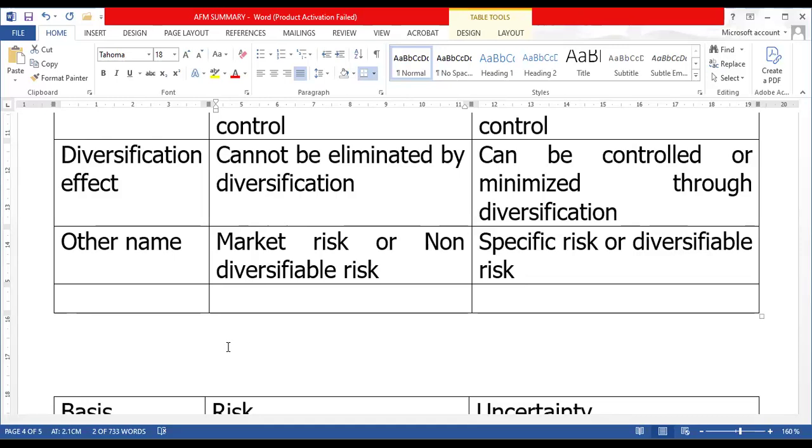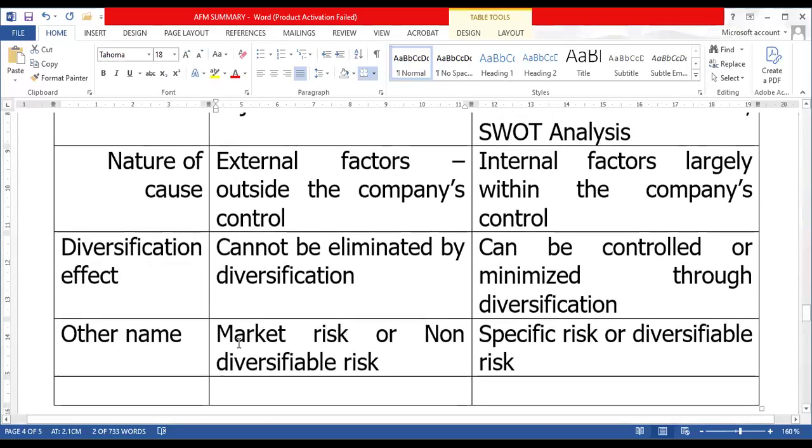I can decide to go into manufacturing. The reason we are saying that systematic risk cannot be eliminated by diversification is that it is going to affect the entire market. Even if you are in manufacturing or education, inflation will affect you. Interest rate changes and exchange rates will affect you indirectly.